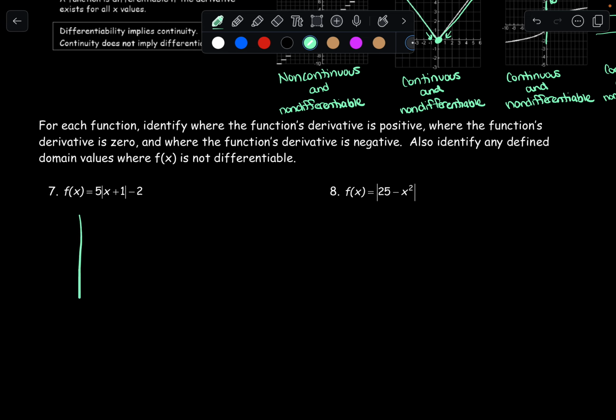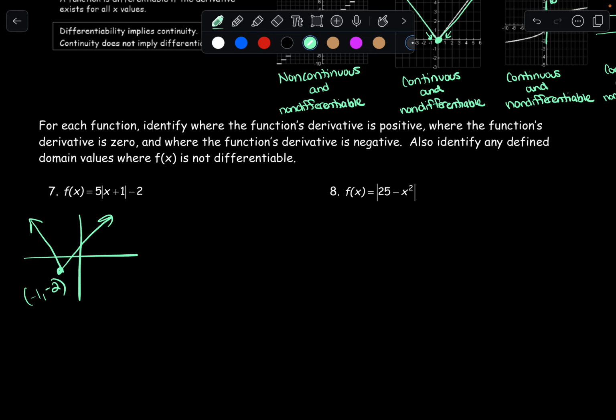So if we take a look at this, the point where it's going to break is going to be -1, -2, okay? So we'll put that here, and it's going to open up, okay? So this is point -1, -2.